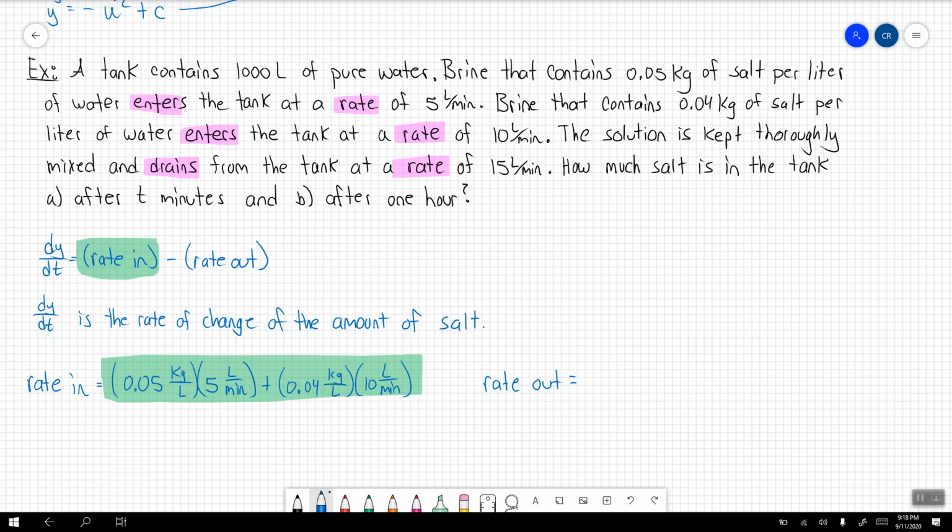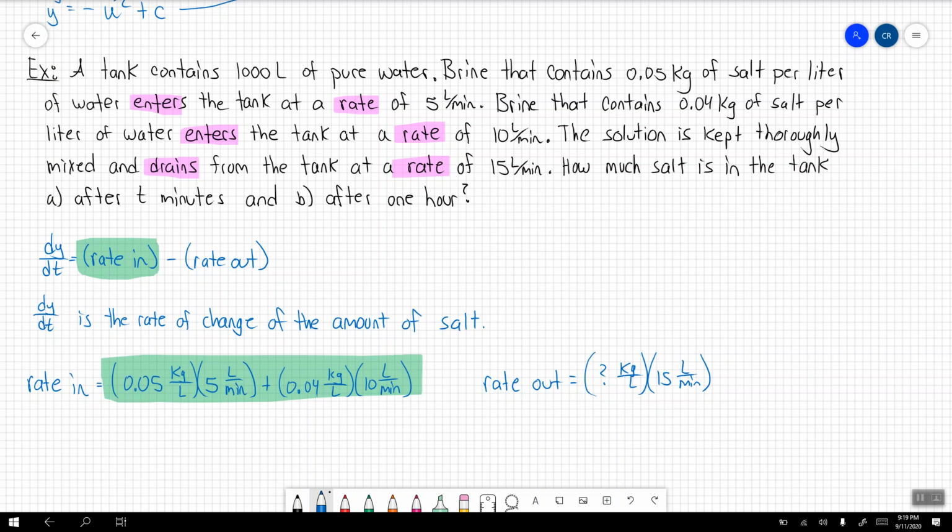So I'm just going to put a question mark here. We don't know that, but we know it's going to be draining at a rate of 15 liters per minute. Okay, let's keep going and identify what it is that we're looking for.